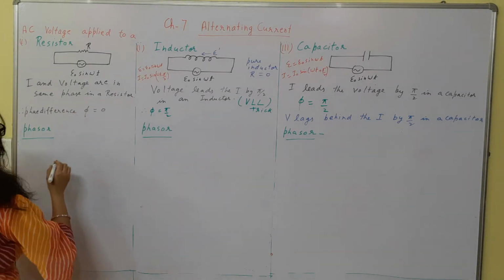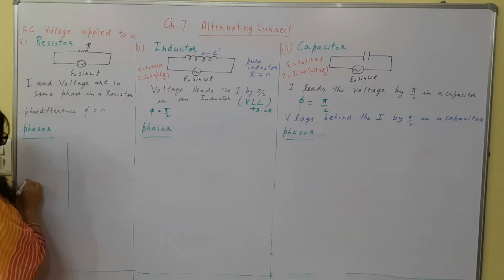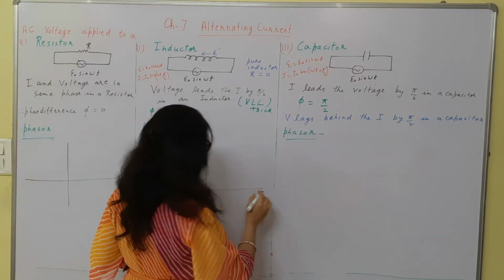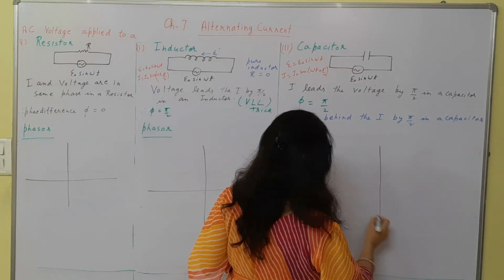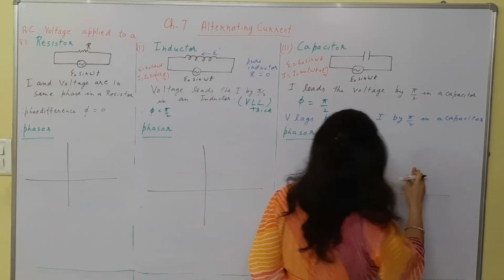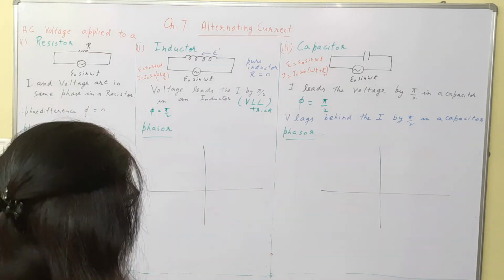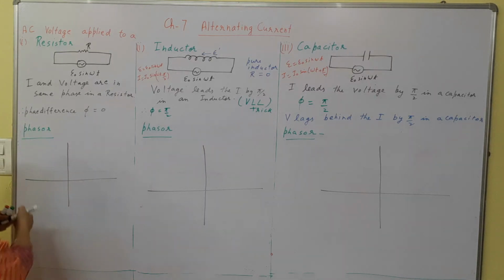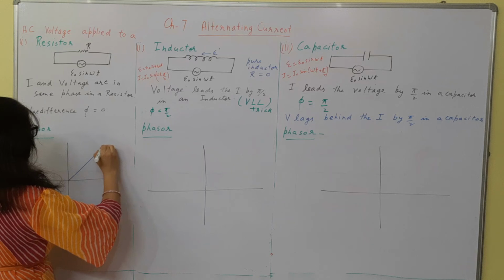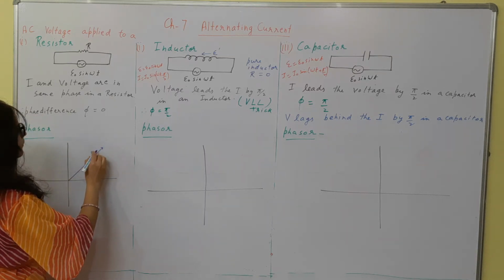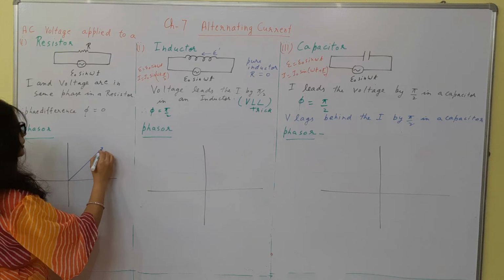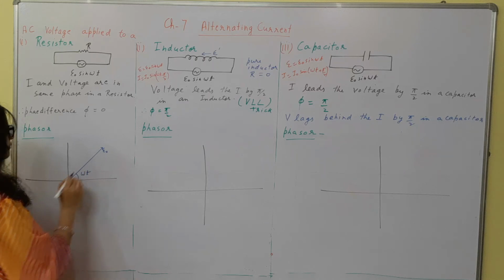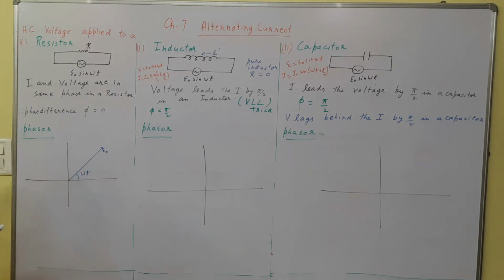So if we are drawing a phasor for resistor, what will be the difference? Let's see. Here voltage and current are in the same phase. So if this is the voltage phasor, this value gives the peak value, and this is having frequency omega.